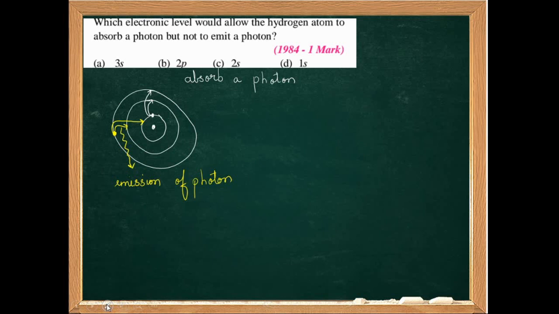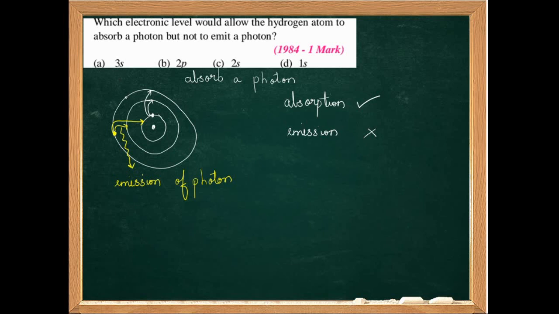Now the question asked is, in which electronic level would the hydrogen atom absorb a photon but not emit? So absorption is possible, but emission is not possible. This is what we have to find out. Let's say I consider the 3s. So 3s means the third shell, principal quantum number n is equal to 3.